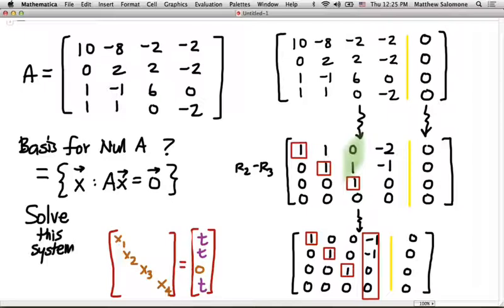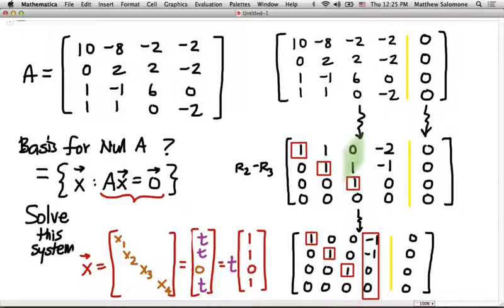And now factor the t out of this vector. And that gives us the parametric vector form in a very explicit way. So there's the parametric vector form of the solutions of the homogeneous equation, where x here is this vector x1, x2, x3, x4.